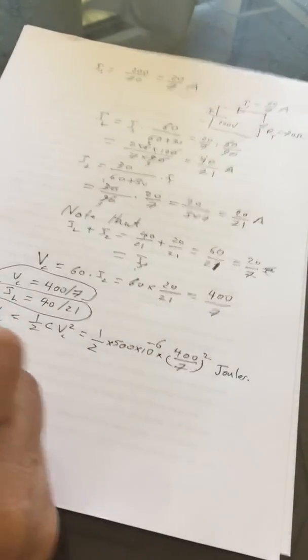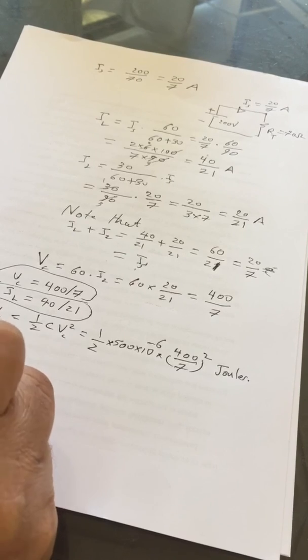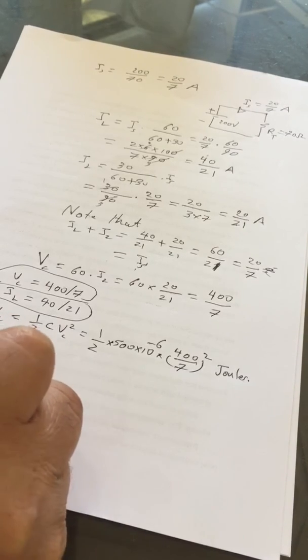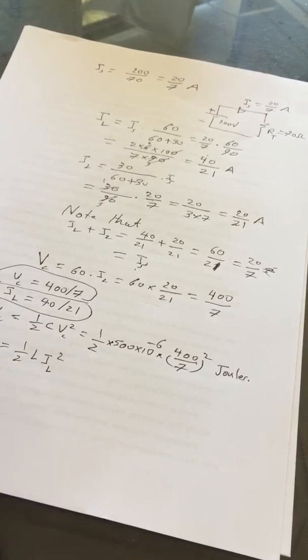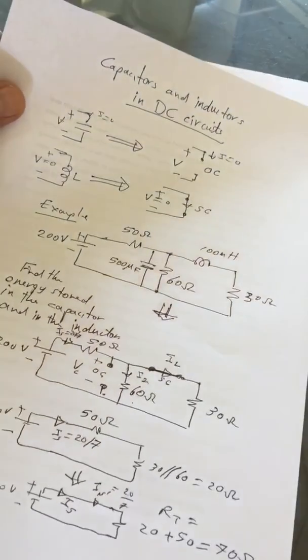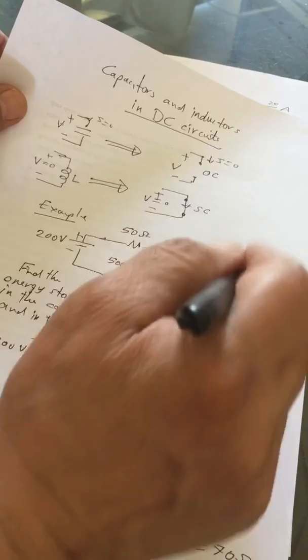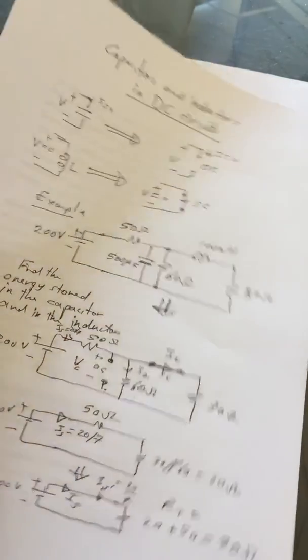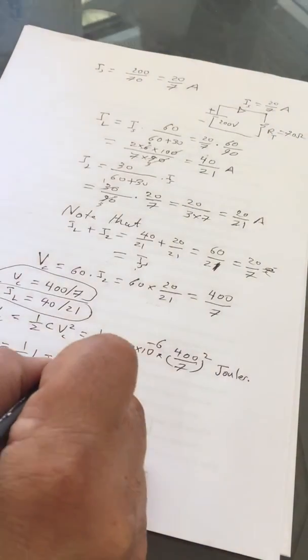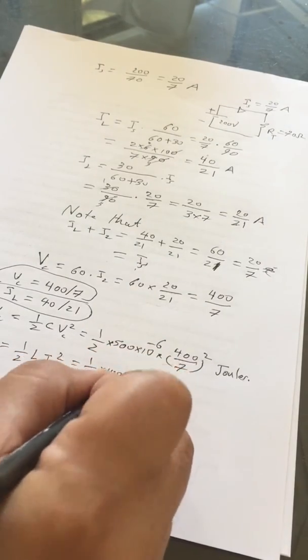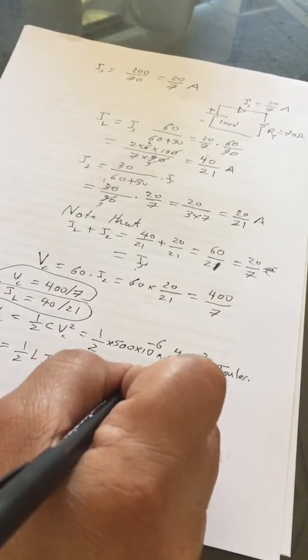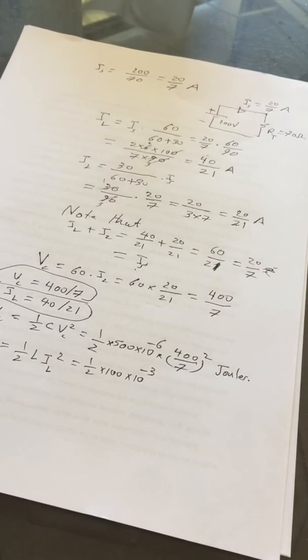Okay? The energy in the inductor is half L I squared. So if we go back to the original circuit, the inductance is 100 millihenry. So it will be half times 100 times 10 to the minus 3 henry. You remember 1 henry is 1000 millihenry.